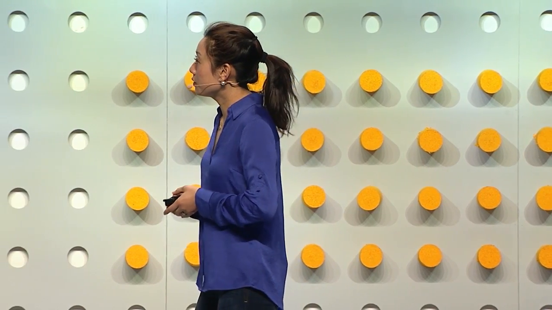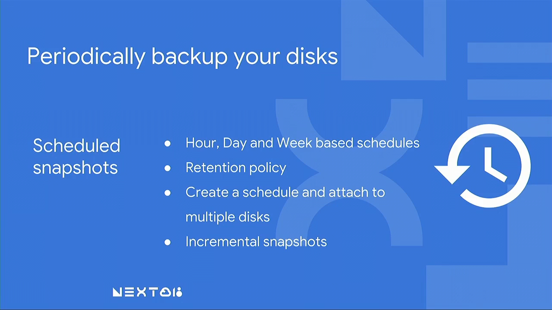Well, without any help from Google, you can use a cron job, but customers have been telling us it's a pain to manage, especially including deletion, which we have to manage. If you are one of those customers, you'll be really happy to find out Google will now offer you the scheduled snapshot feature. What this does is exactly meant to replace your cron job.